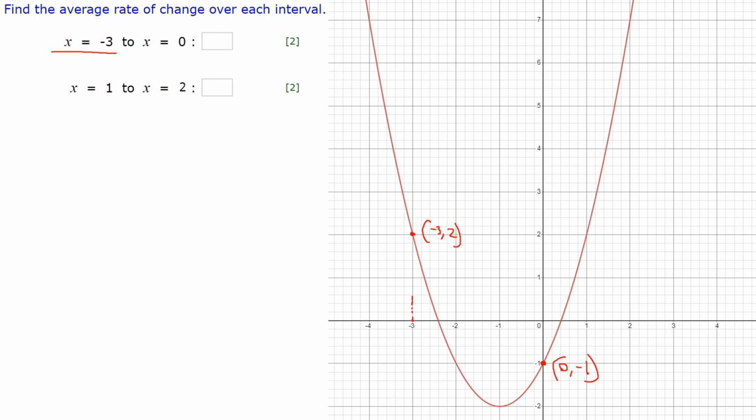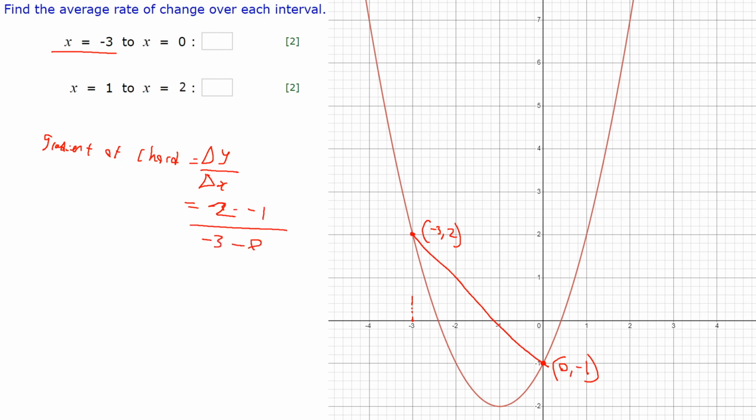So what we can do is we can draw a chord between them. And then now we need to work out the gradient of the chord, which is just going to be change in y over change in x, which is 2 minus -1, all over -3 minus 0, which is equal to 3 over -3, which is equal to -1.